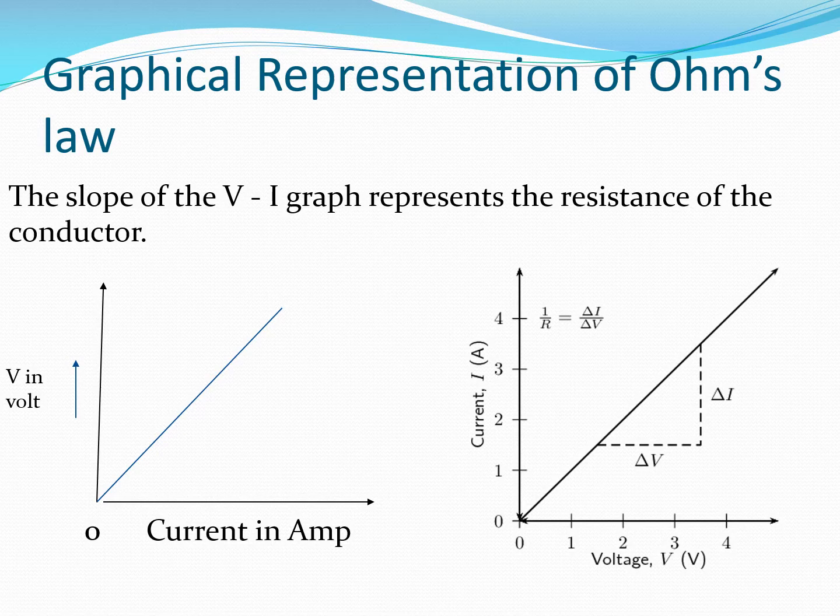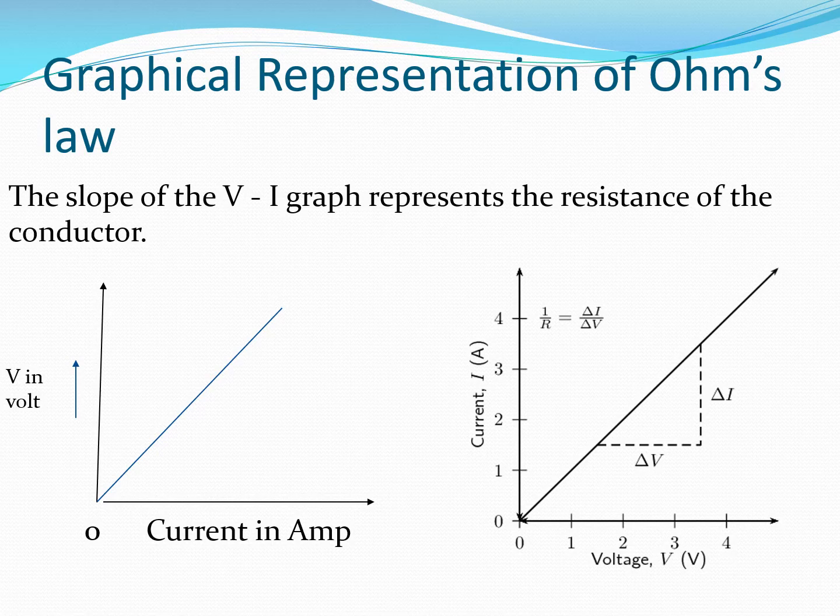We know resistance is equal to V by I. But here, the perpendicular is delta I. What is the meaning of delta? Delta means difference. So, from the triangle shown here with the dotted line, I know the perpendicular is delta I. So, you can calculate the value of delta I from the scale of current and divide by delta V, that means change in voltage.